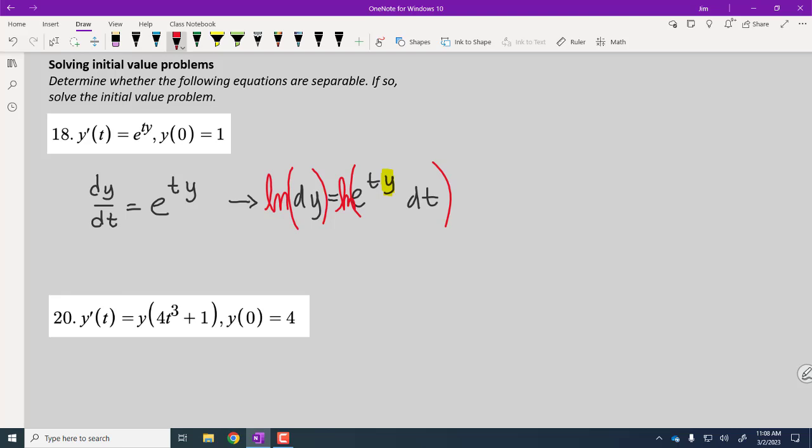In order to integrate both sides, we need a dy and a dt sitting out there alone as factors. We don't know how to integrate the natural log of dt. So good concept, but it's not going to help us in this case. Any other strategies?